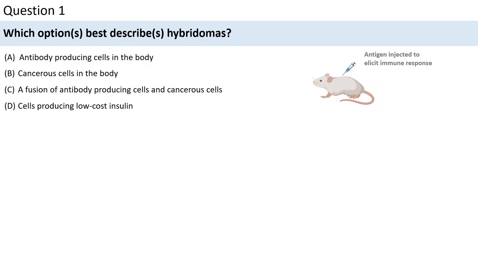So how this technology works is that antigen is injected to elicit immune cells. We can't do these experiments at the human level, right? So we use model organisms which are closely related to humans, one such being the mouse.